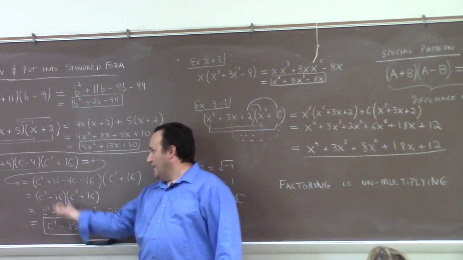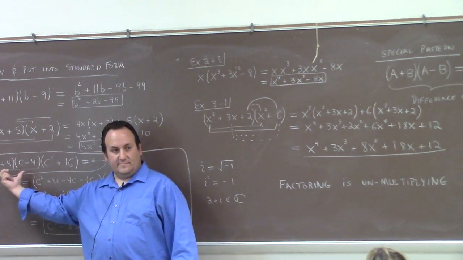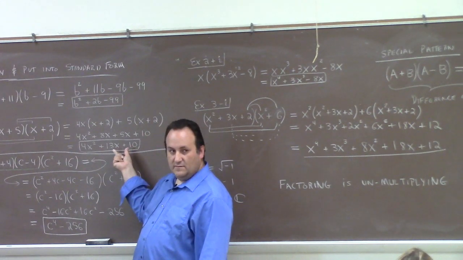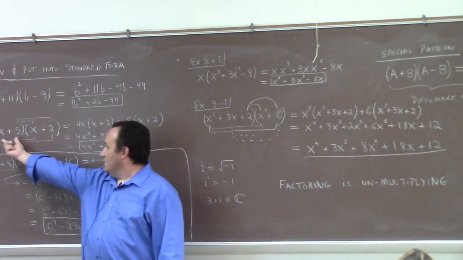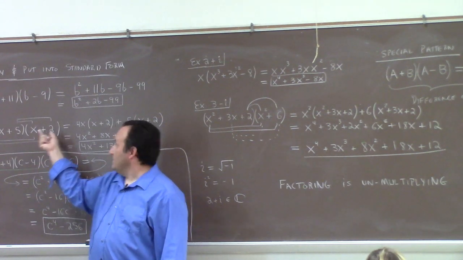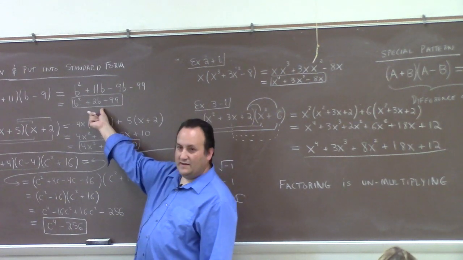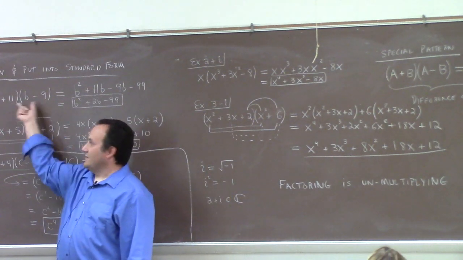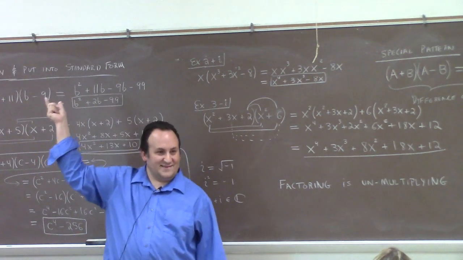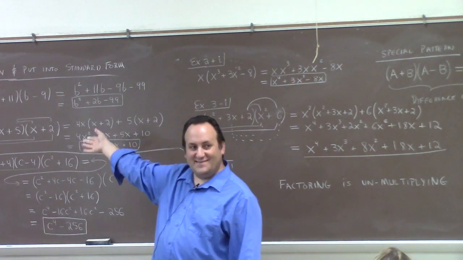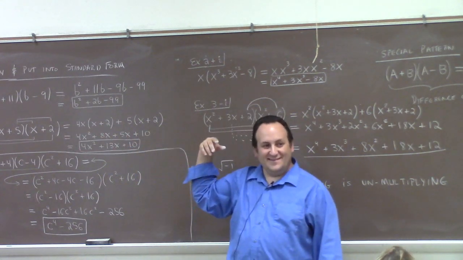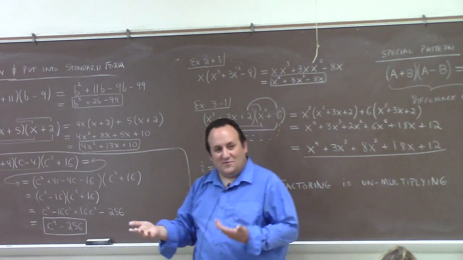This 4x squared plus 13x plus 10 factors into 4x plus 5 times x plus 2. This b squared plus 2b minus 99 factors into b plus 11 times b minus 9. These things are all easy to see. Why? Because we started with the factoring and multiplied it out, right? It's like, if you know the answer, it's easy to do the problem, right?